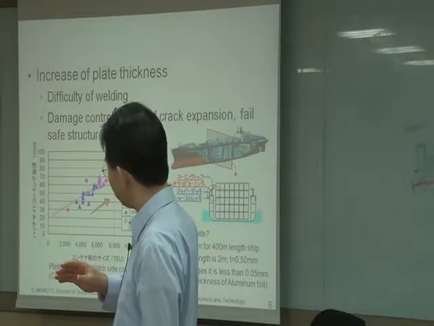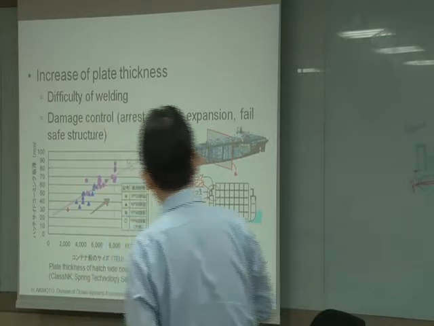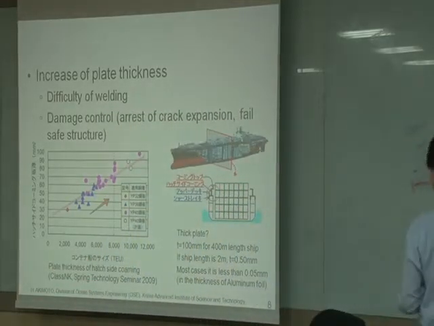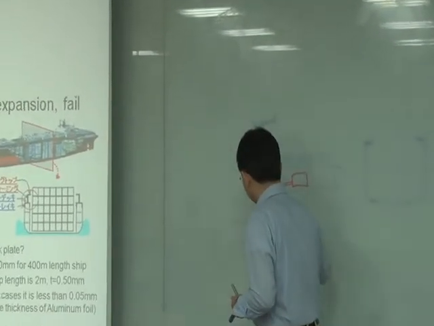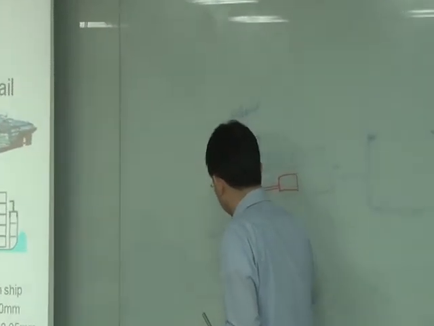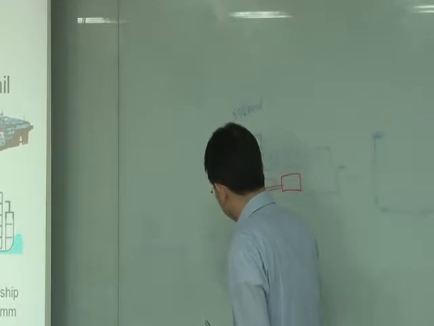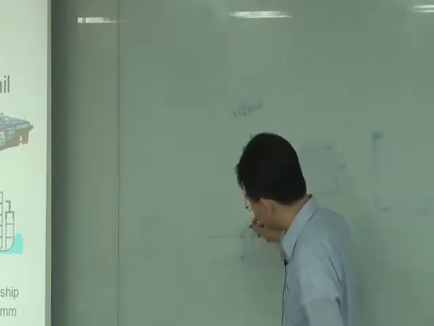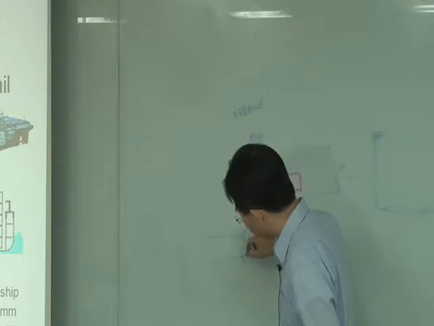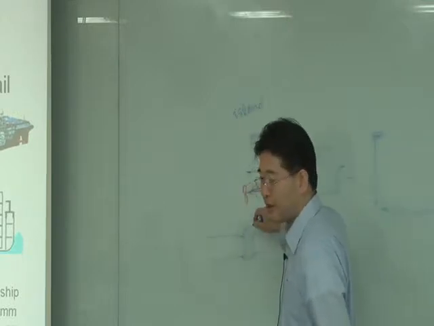Welding requires melting iron plate, but if the plate is very thick, we cannot provide uniformity of this part.